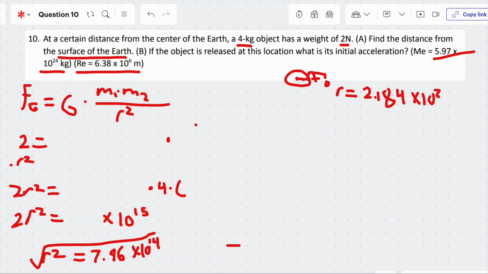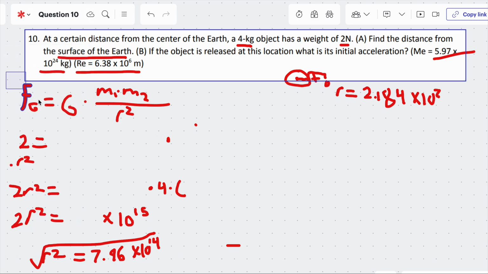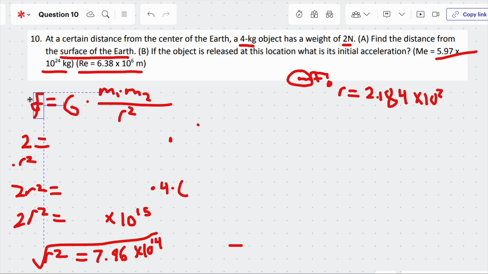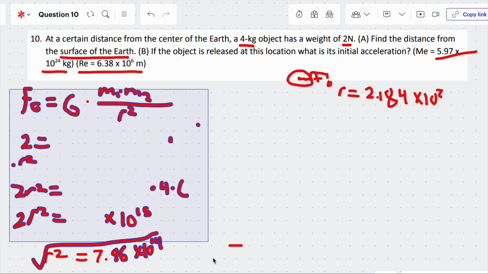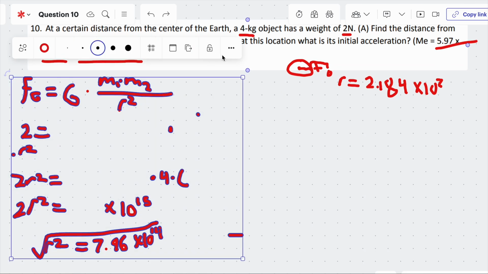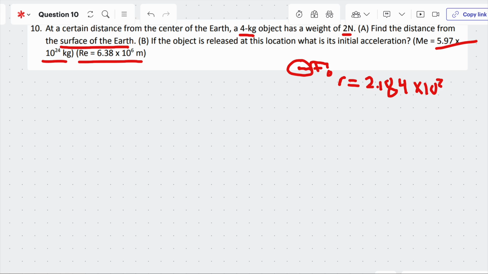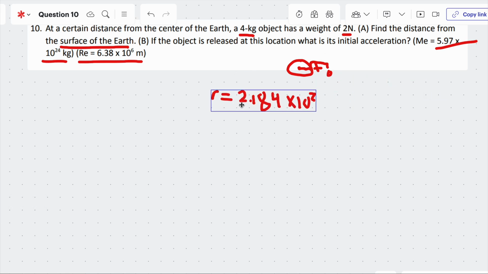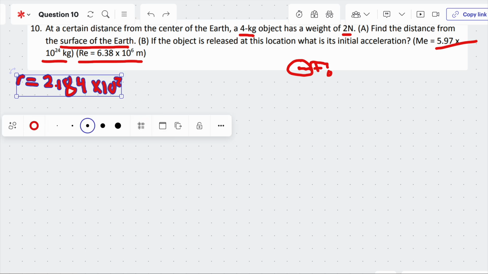Hold up. I think there's an easier way to do this. Look at that. I'm so smart. So then, that's our distance from the center of the Earth.